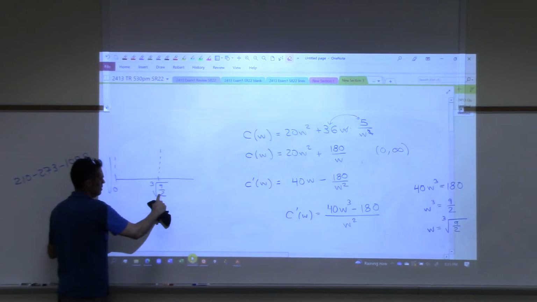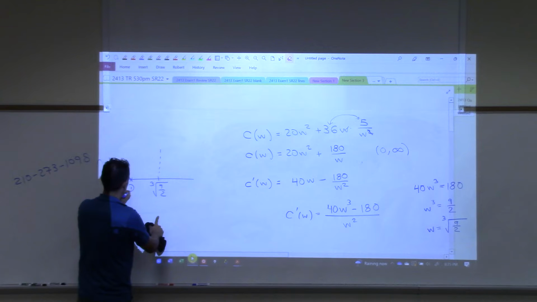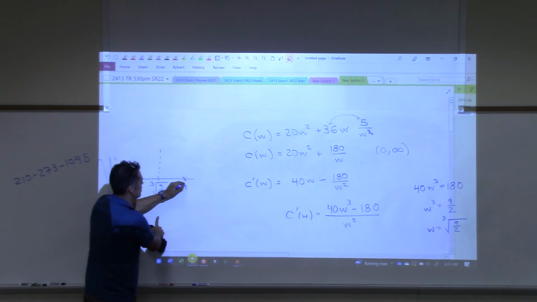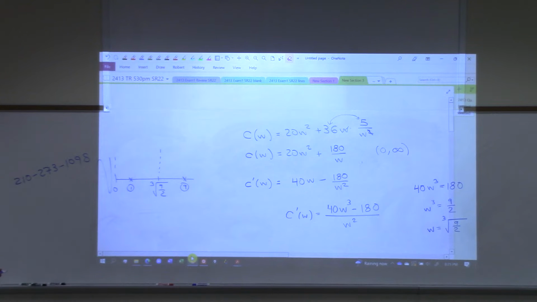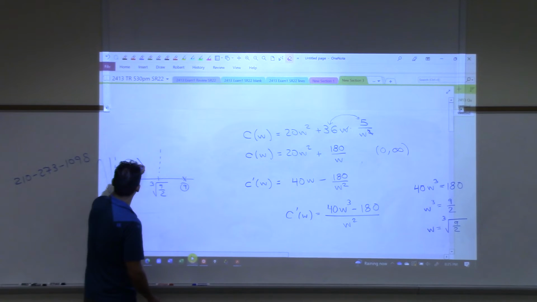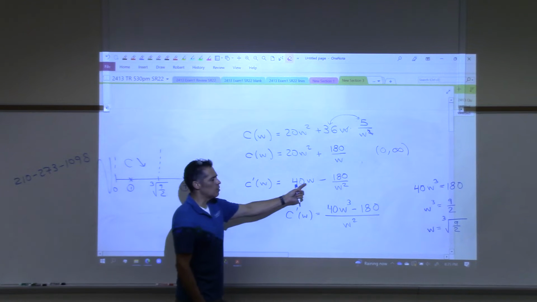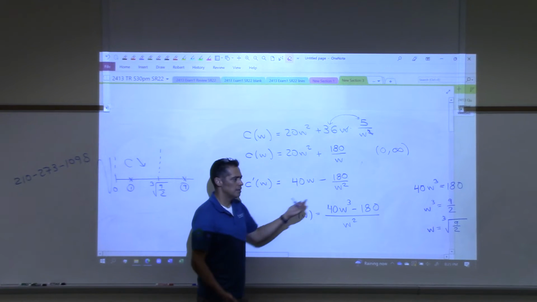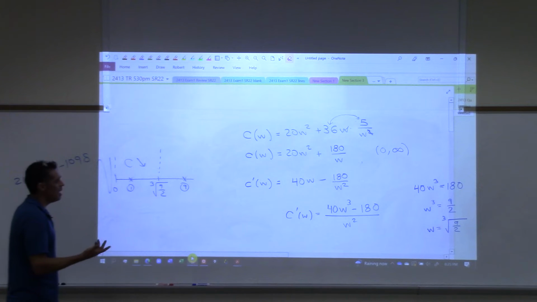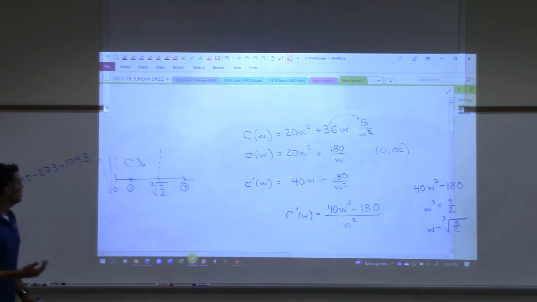Yeah, 1 should work. And then I'm going to go with 9 because I know 9 is bigger than that. And I'm plugging those into the derivative. 1, get negative. Cost goes down. I just plugged 1 in here real quick. Right there. 40 minus 180. It's negative. And then you plug in 9. You should get up.